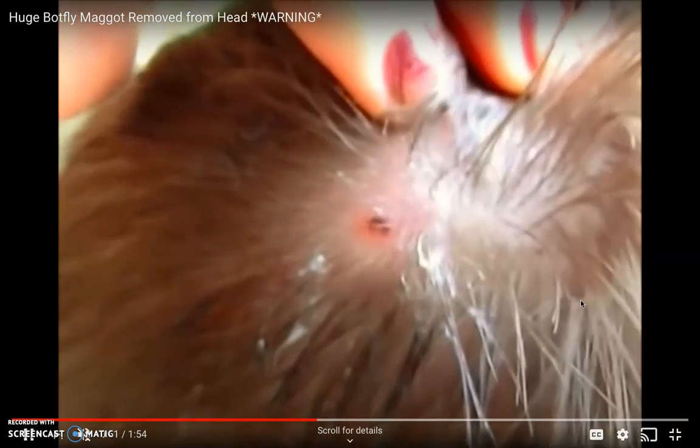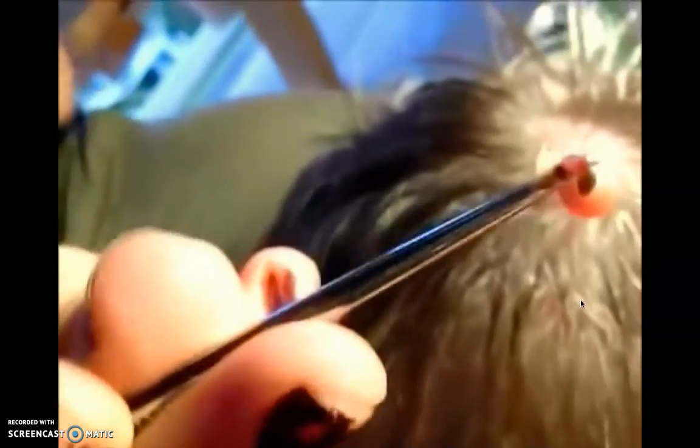You can see they're kind of poking around it. In other words, this didn't happen like quickly. This took a while. And there's the botfly.